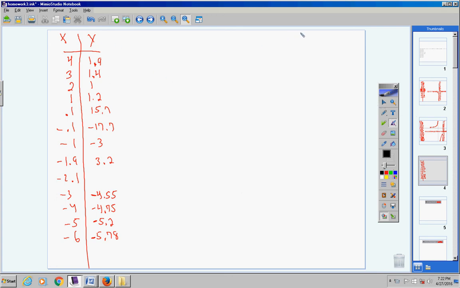our coordinate plane up here. Alright, there we go.